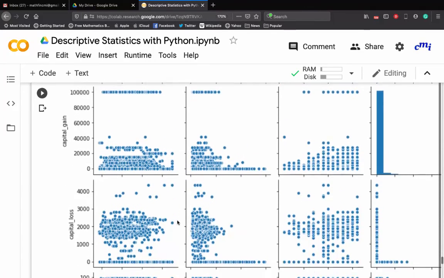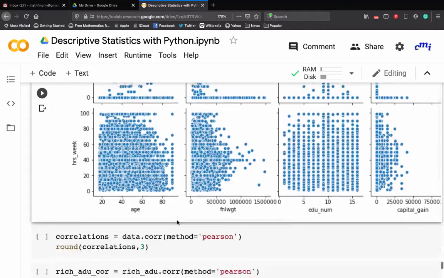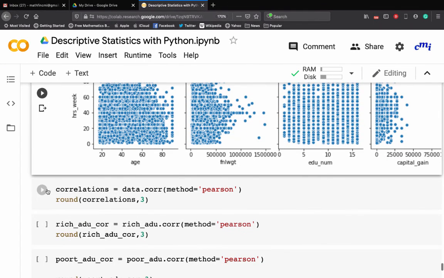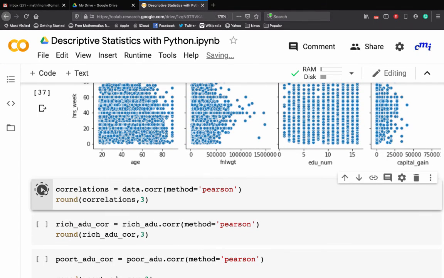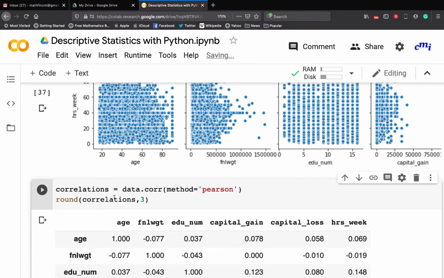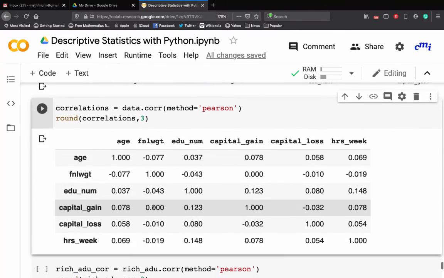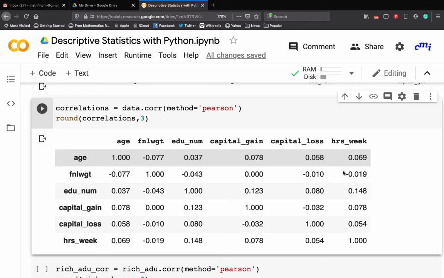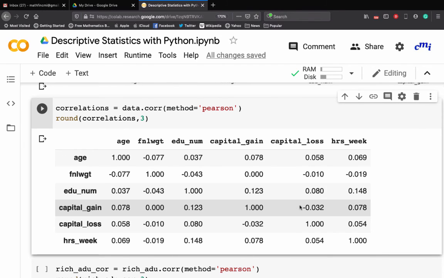We can see that to some extent. So we thought we would just compute the correlation of the data, and what we found is that in the entire data set the correlation is not much. Education number and hours per week may have some correlation, but the rest of them are in the single digit.